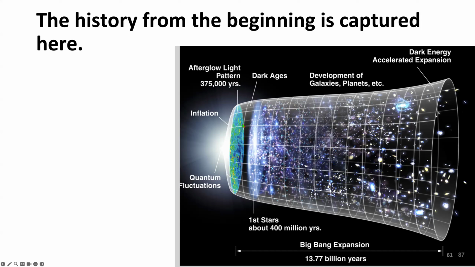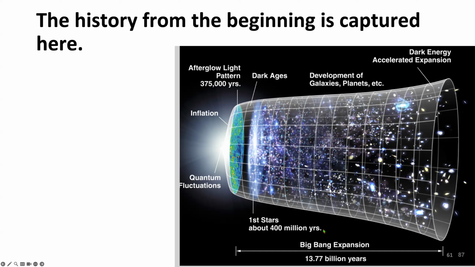Now we have a dark universe. There are no light sources in the universe, and it stays dark for 400 million years. Just gas and dust floating around, and we don't get stars until around this time.